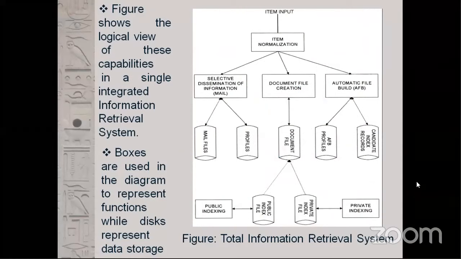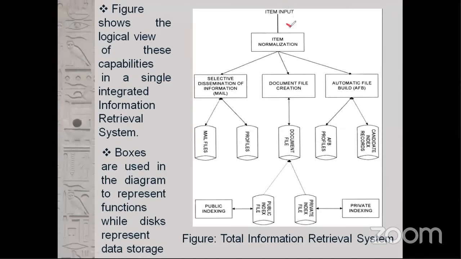So this is my information retrieval system, with four functional processes. First we have to give the item as an input. What is the item here? Item is anything: it may be a document, an image, audio, or a video.